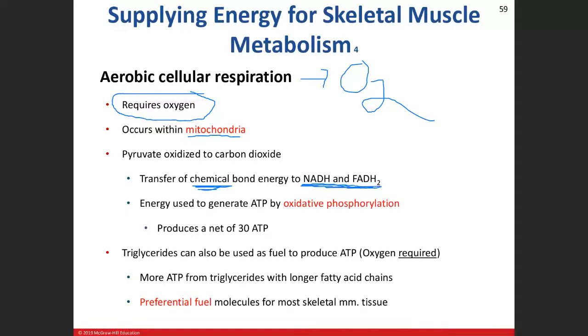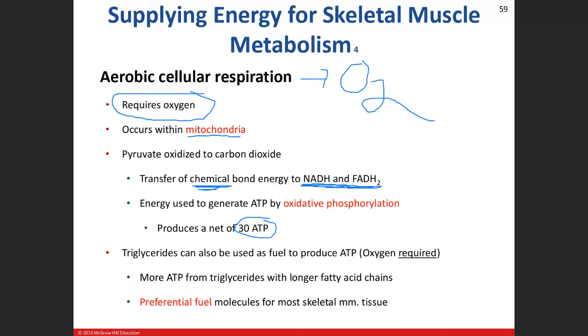Essentially, NADH and FADH2 is going to be taken to this place called the electron transport chain, or ETC. And it's going to cause these energy bonds to be cashed out as 30 ATP.